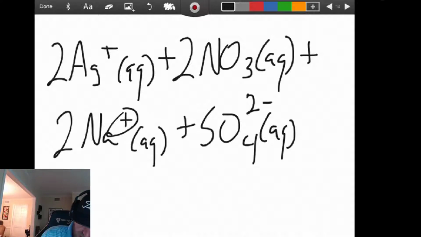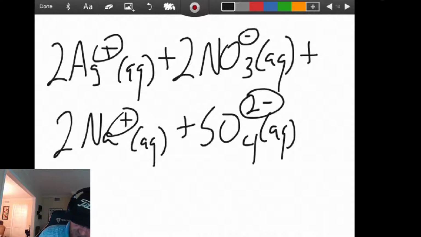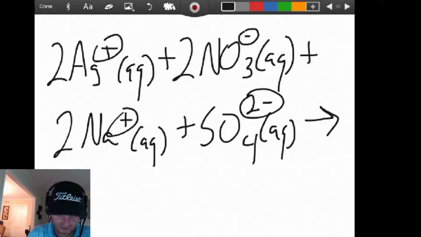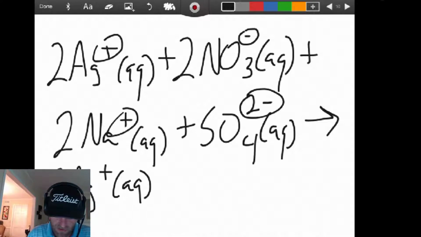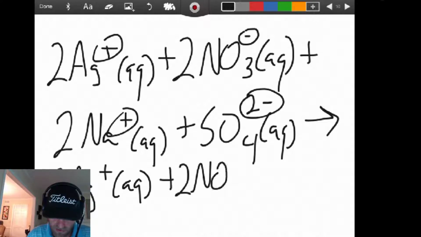I'm going to circle all the charges so that you don't get confused. There goes that, and it actually yields the exact same thing. 2Ag plus AQ plus 2NO3.